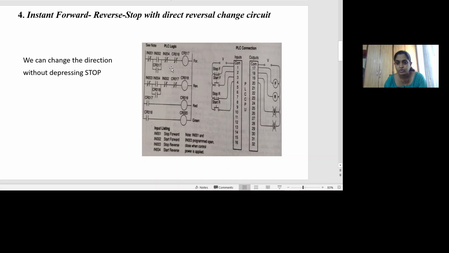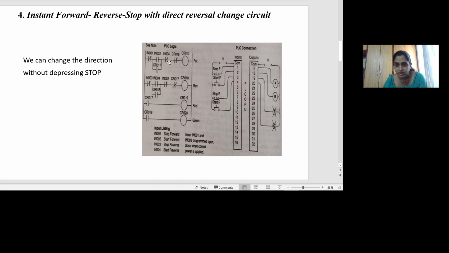First, I will start in the forward direction. Then I'll change the direction to reverse. And at last I'll stop the reverse direction. First, IN001 is normally closed by default, so it will be closed. Next, I will start the motion in forward direction by energizing the contact IN002, so this contact will be closed.